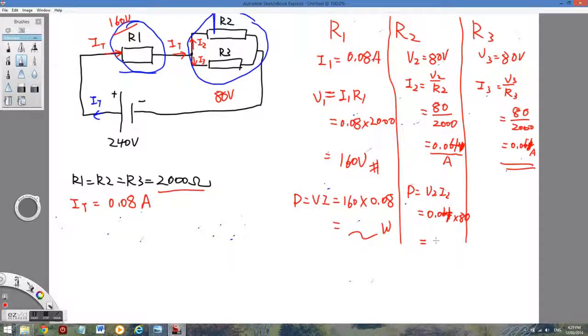You should have an answer here, it should be 3.2. Also do the same for R3. You should have your answers in watts. So this is basically how we analyze a circuit.